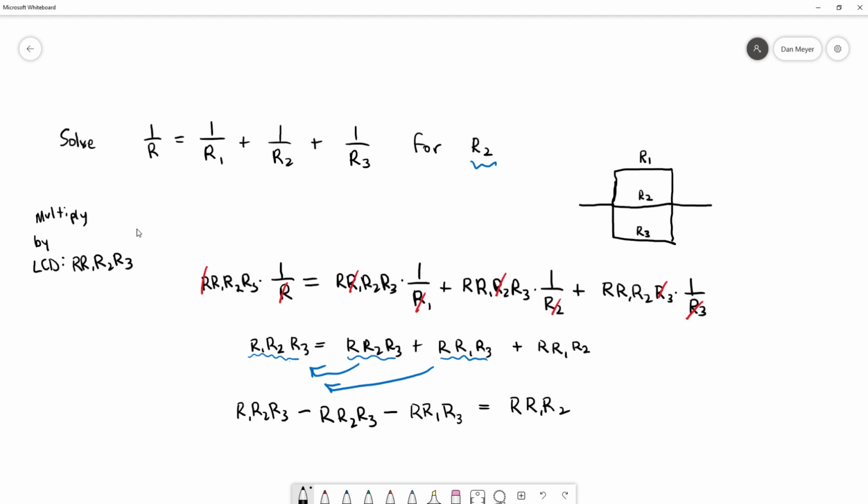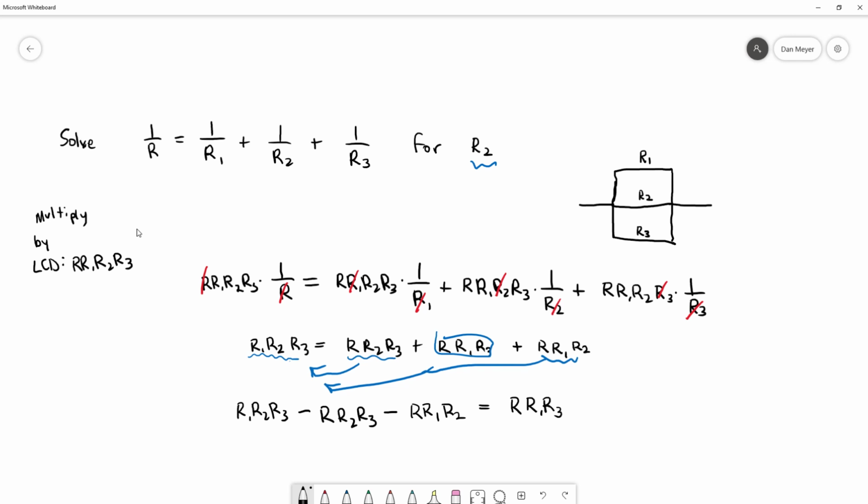But that meant I have to take... Man, I butchered this. I'm so sorry. I want this one to go over, and this one's going to stay put. We wanted only the terms with R2s. Okay, that should be right. Sorry, I totally screwed that up.